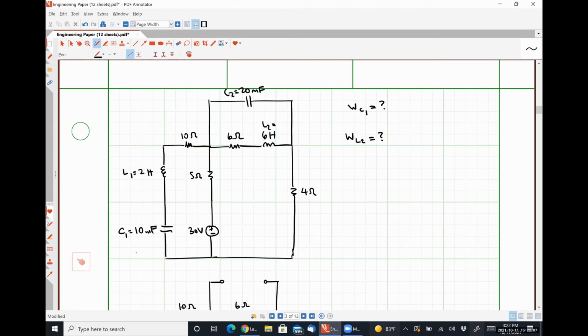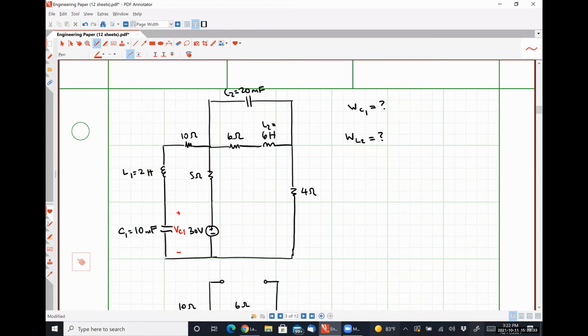So since I'm trying to find the energy stored by capacitor C1, I'm going to call this voltage VC1, where I just arbitrarily chose that polarity, and because the energy stored by a capacitor depends on the voltage squared, the polarity that I choose doesn't matter even a little bit.